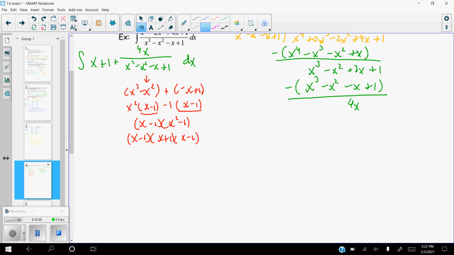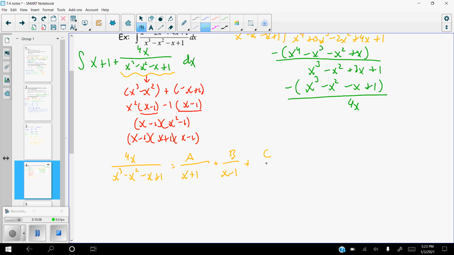Just for this part right here, again, we're only dealing with this part right here. We are going to do our partial fraction decomposition, which means that that fraction right there is going to equal something over, I'm actually going to use the x plus 1 part first, doesn't matter which order we go in, plus something over the x minus 1, and here's the part that changes.